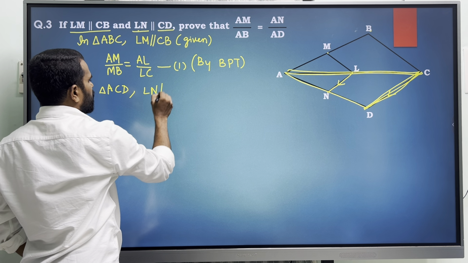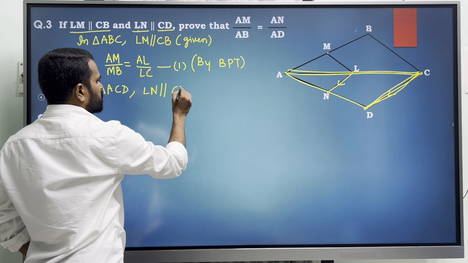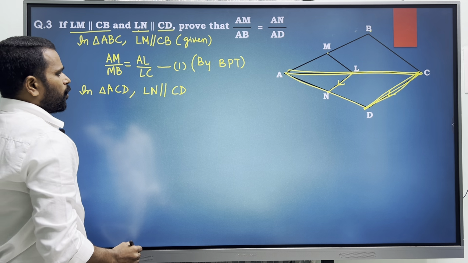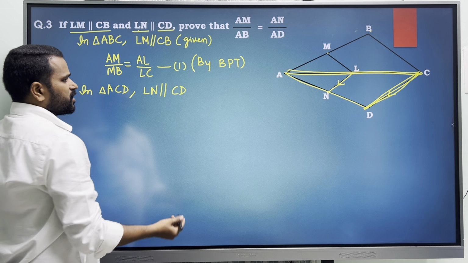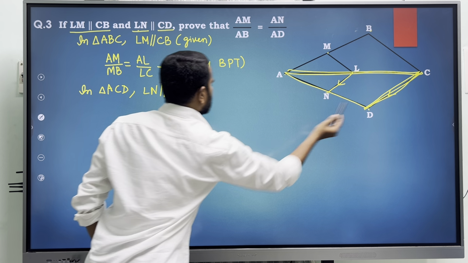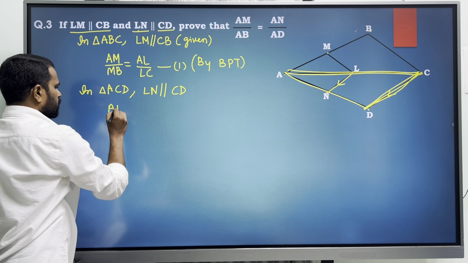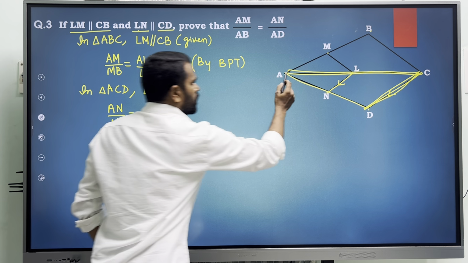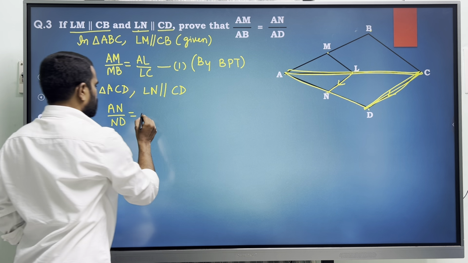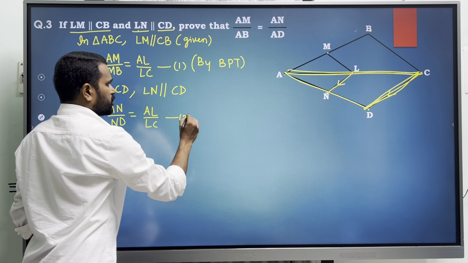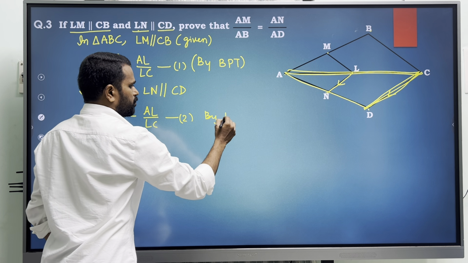LN parallel to CD is what is given, right? So by the basic proportionality theorem, AN by ND is equal to AL by LC. This is 2, by BPT.